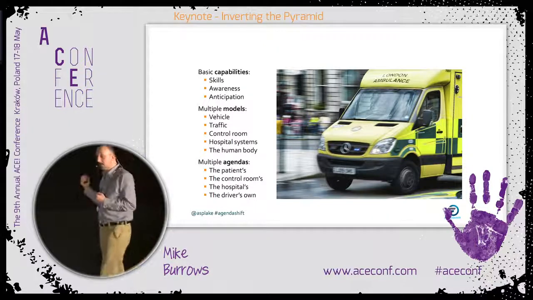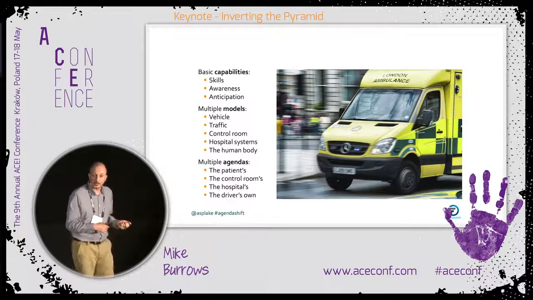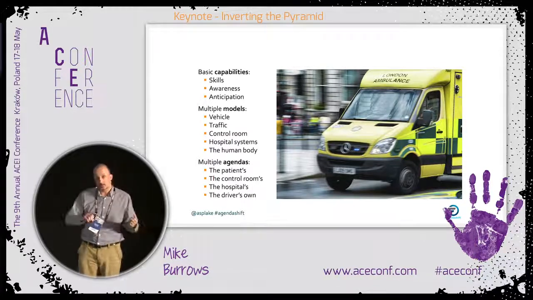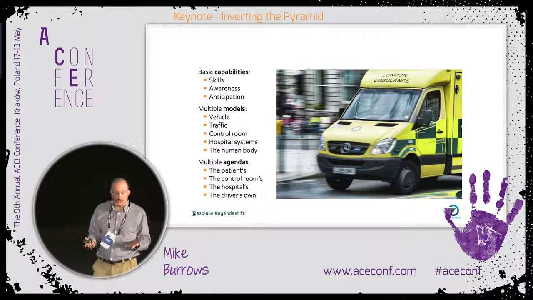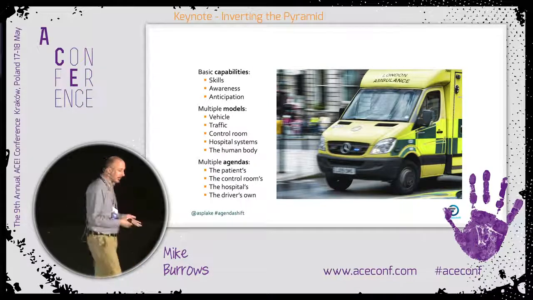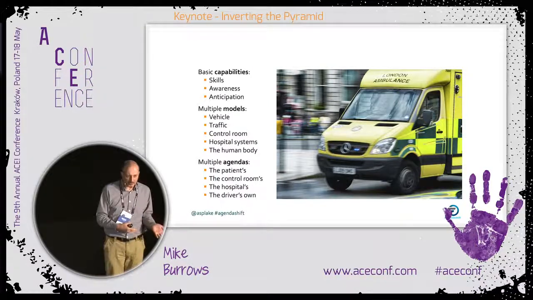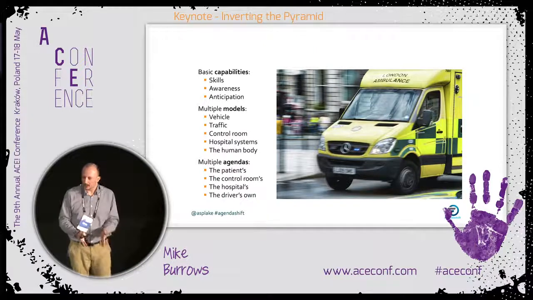He knows how the control room works, and he knows how to interact effectively with the control room, in order to get your message across quickly, in order to update your status, to get status from other people, and so on. The paramedic understands how the hospital systems work. He knows which door to show up at with particular kinds of patients.